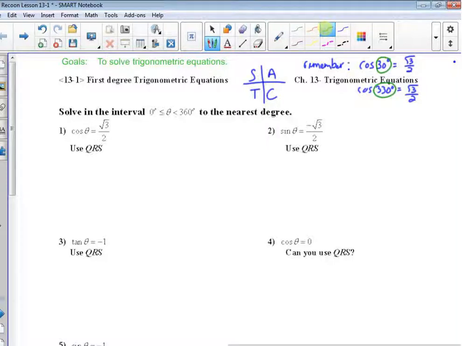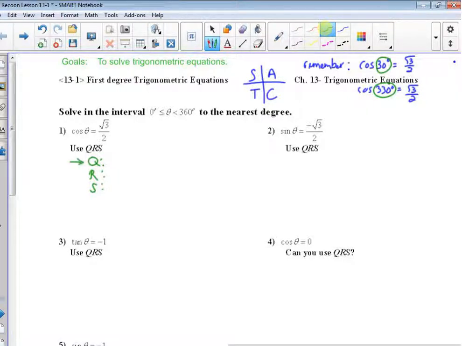So the first one is exactly what I just did. To solve this, I'm going to say, okay, what quadrant am I in? What's my reference angle? I don't really need the sign, but since I use it for other problems, I'll use it here as well. I should be looking to get the quadrant at whether the radical is positive or negative. Okay?